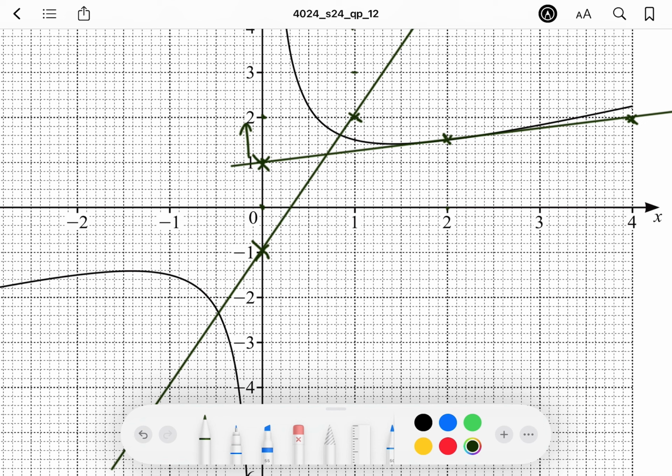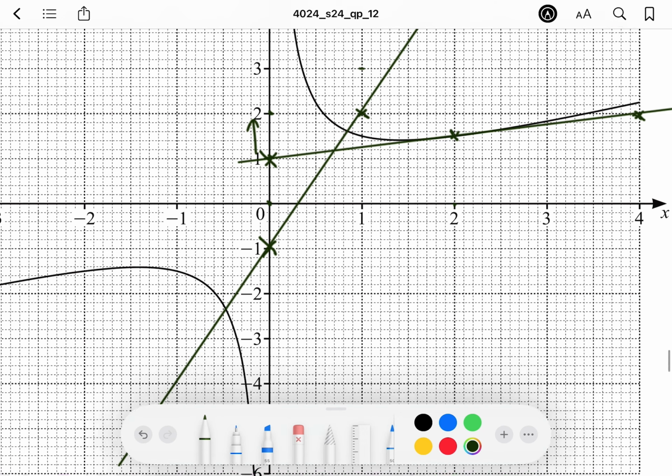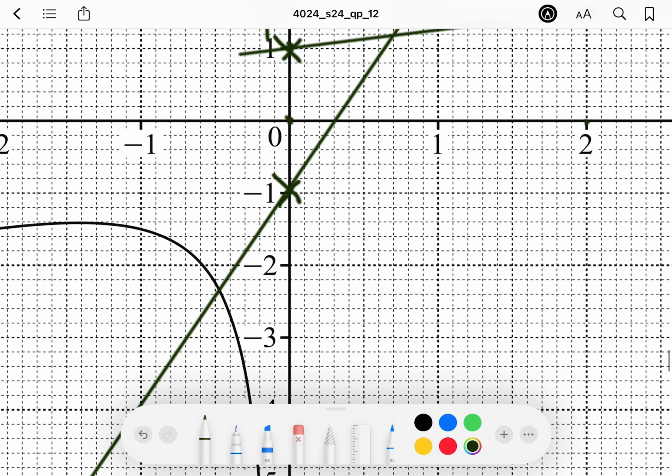Two values. 0.85 and negative 1 point 2. Oi, cuba kamu lihat soalannya.